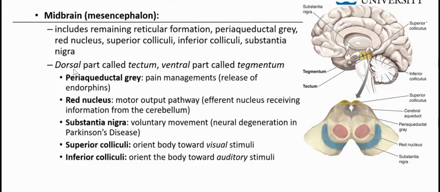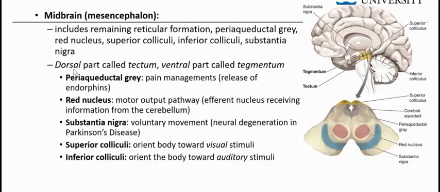Superior colliculi, that's a plural. It's basically a cluster of nuclei along our brainstem. We have thousands of nuclei in our brainstem. They really just look like a microphone. According to classical research, they're supposed to orient our body towards visual stimuli, but I don't think it's really that distinct.